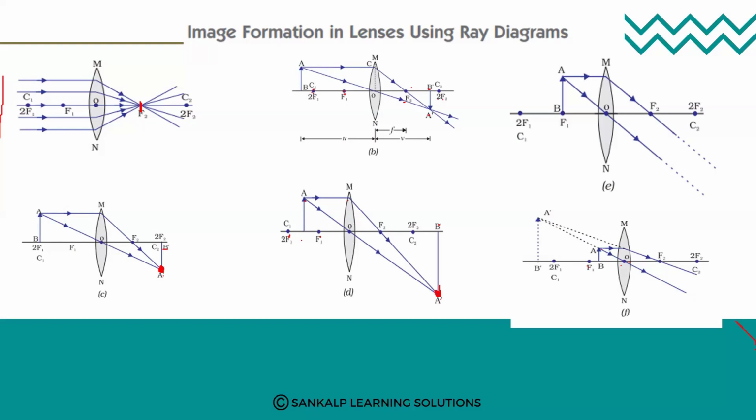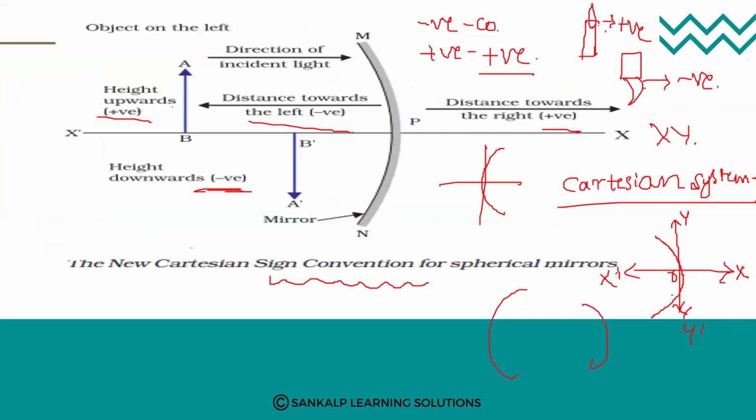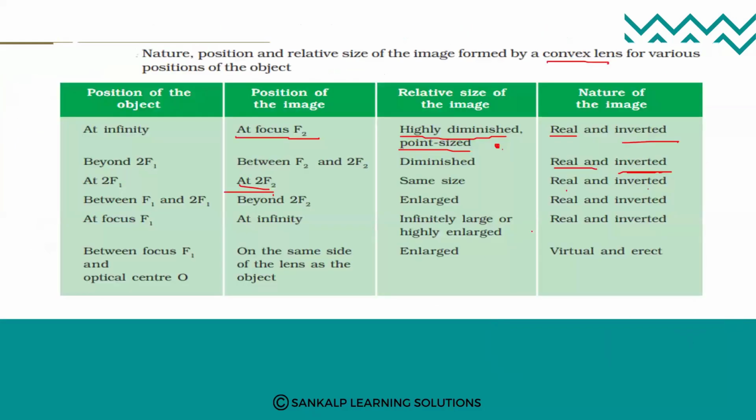No. So what we do is drag them backwards, and they will appear to meet at this point, and this is behind the lens. That is a virtual and erect image we are getting. It is an enlarged image on the same side of the lens as the object.